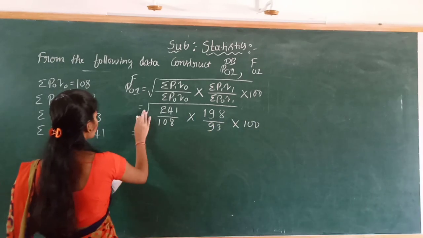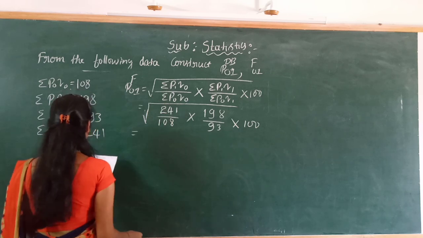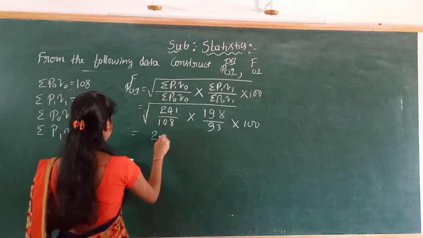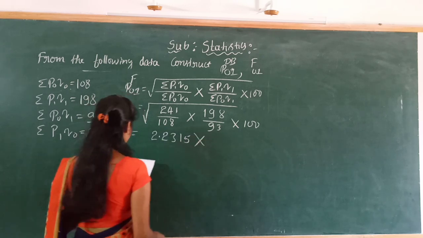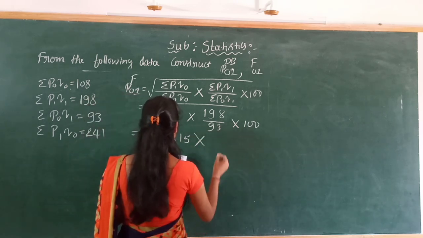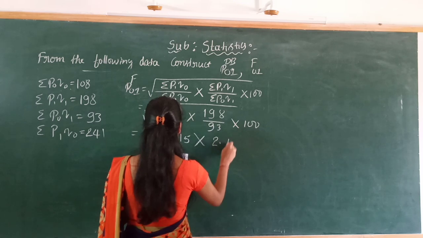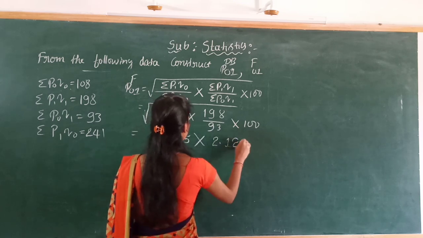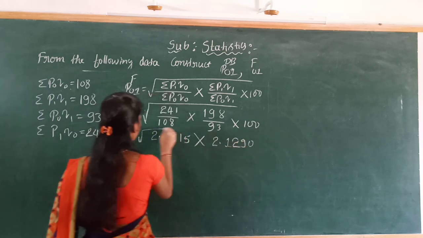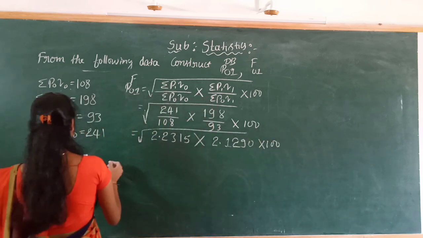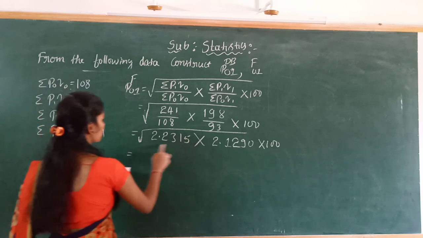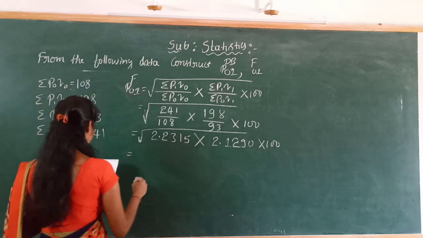See here, 241 divided by 108 is 2.2315, into 198 divided by 93, that is 2.1290. Here you have to write the root into 100. Next, you have to multiply these values and remove the root.